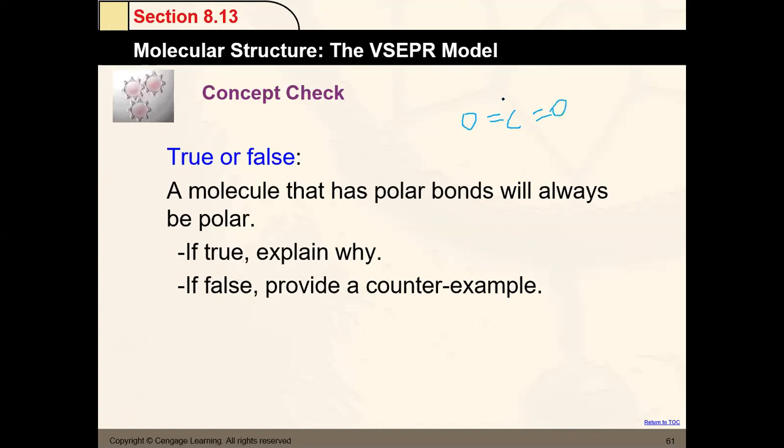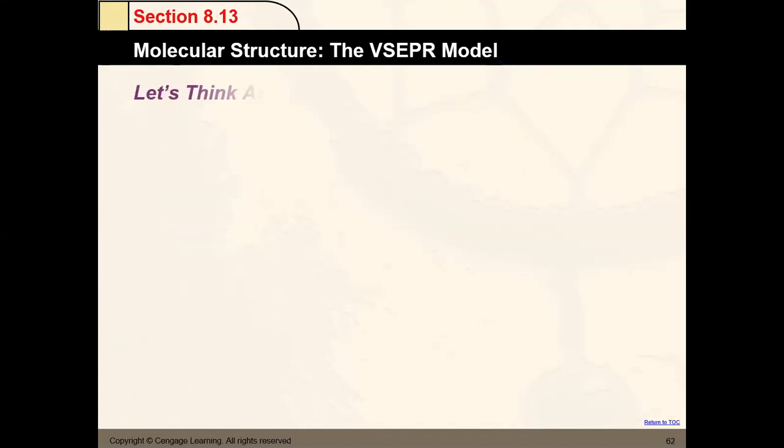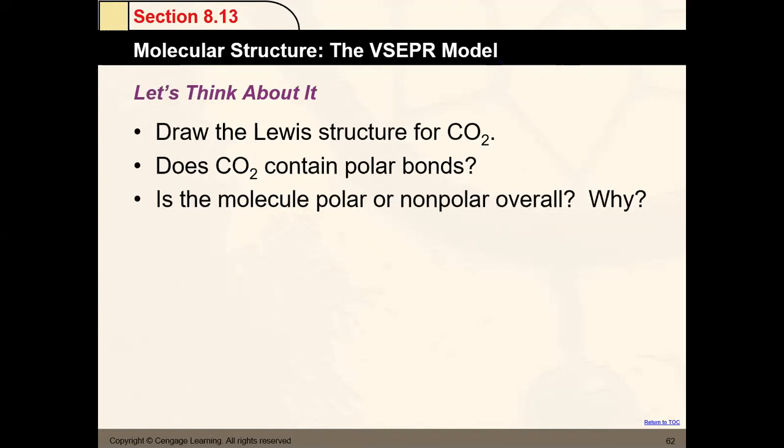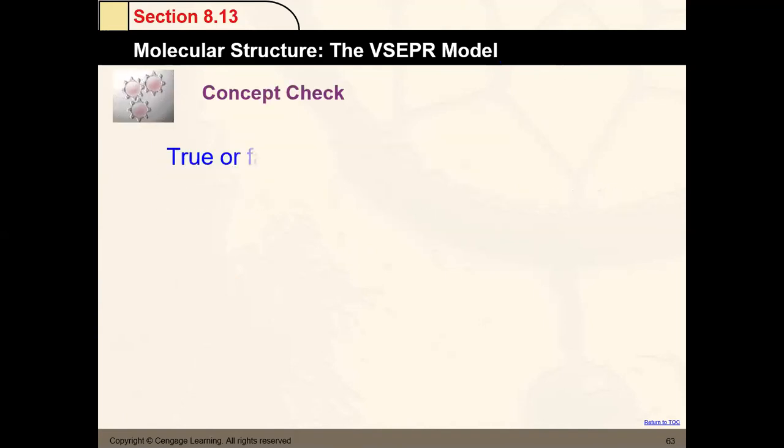Here is a polar bond, and here's another polar bond. But what happens with these polar bonds? They cancel out. The overall molecule is non-polar, right? A molecule that has polar bonds will always be polar. No, unless the polarities cancel out. False. Good. Draw the illustrated carbon dioxide. Yeah, that's exactly the same example I was mentioning.